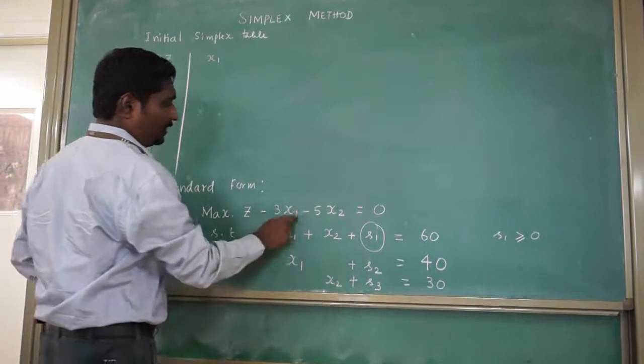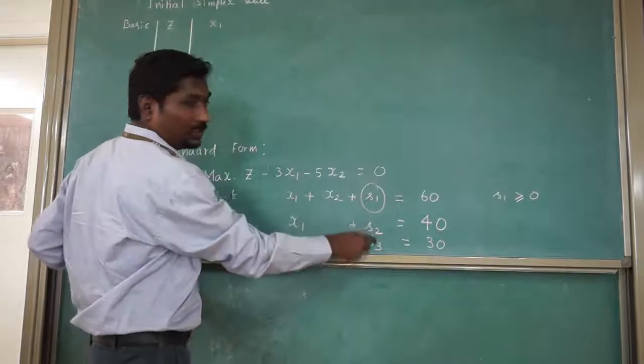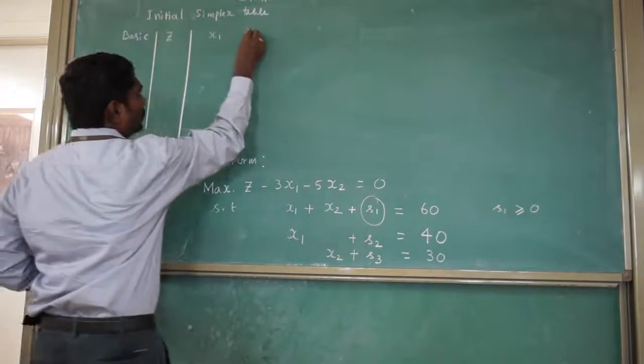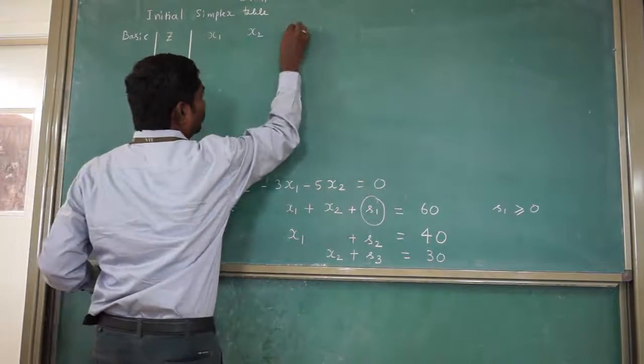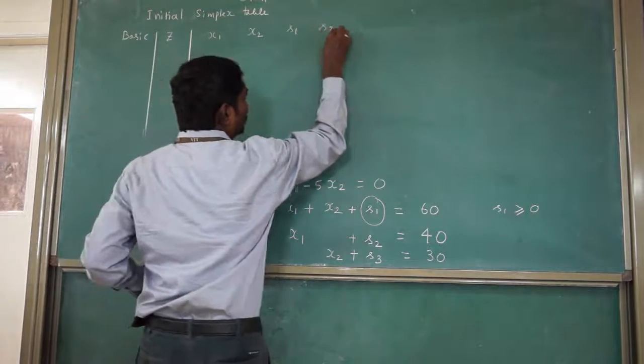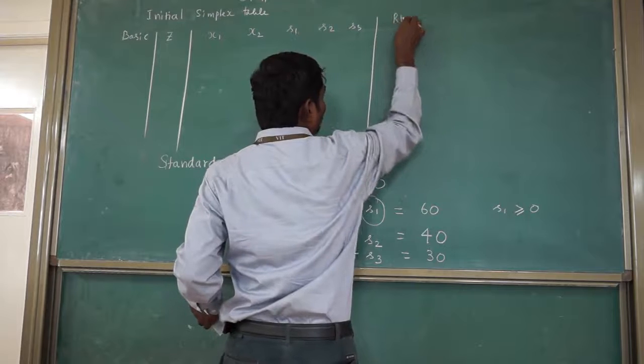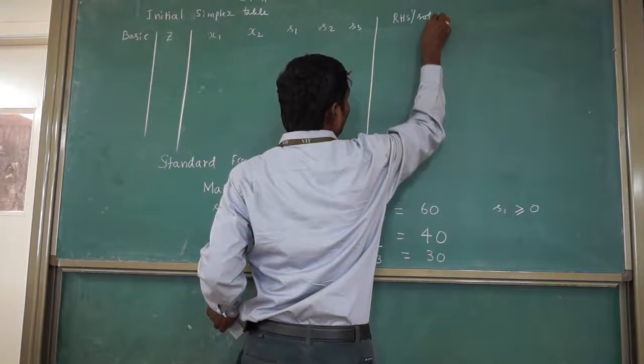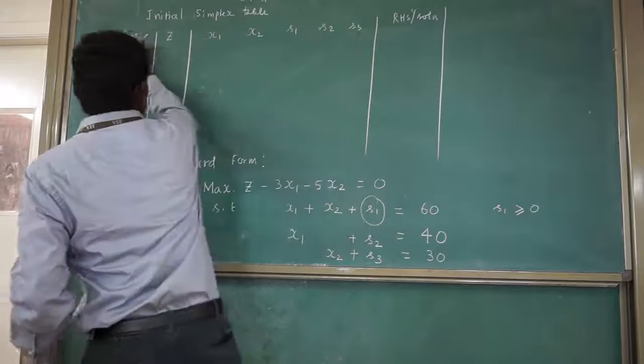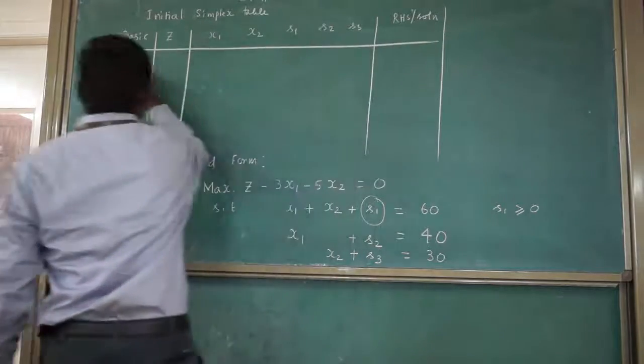How many variables are there? x1, x2, s1, s2 and s3 are there. So we are going to list down all the variables, followed by the solution column or RHS column. So we are going to express it like this.